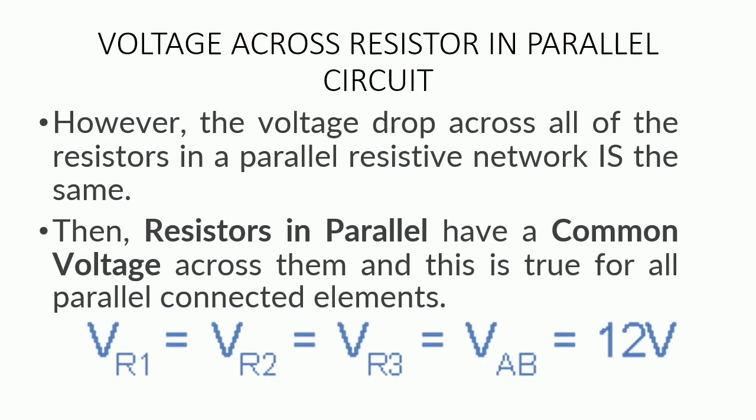So, mathematical expression natin to get the voltage is V, or voltage in R sub 1, is equal to the voltage in R sub 2 is equal to the voltage in R sub 3, and so on. So kung may 12 volts na total voltage or supply voltage, 12 volts din ang meron sa R sub 1, 12 volts din ang meron sa R sub 2, 12 volts din ang meron sa R sub 3, and so on.